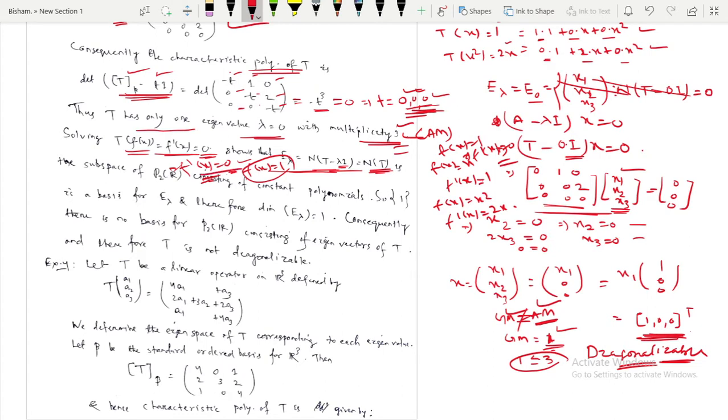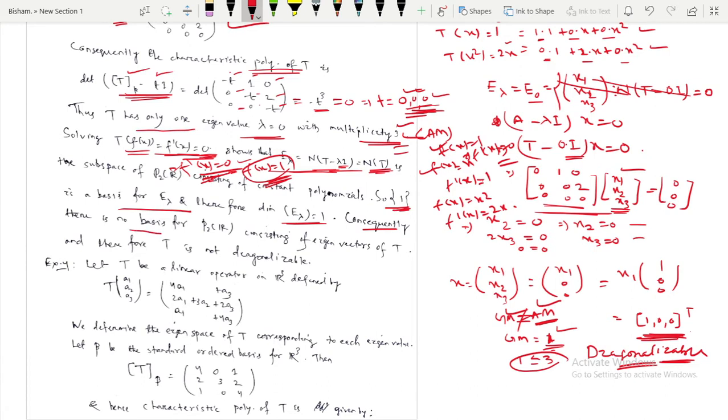So f dash x is 0 only for f of x equal to 1. That means I am considering only the basis elements for f of x. So for f of x equal to 1, f dash x is 0. That means 1 is the only basis for the eigenspace of lambda. That means the dimension of E lambda equals 1.